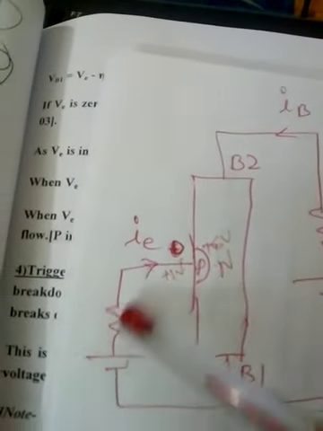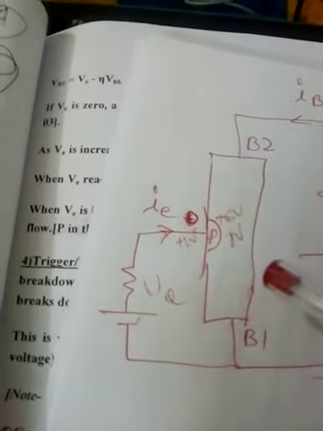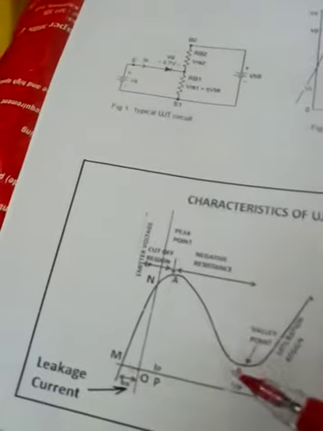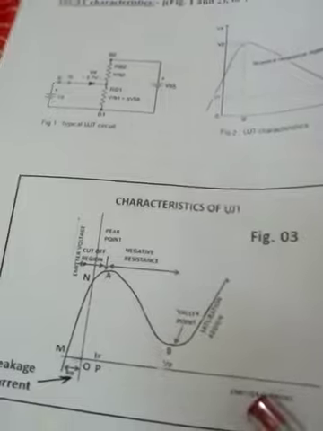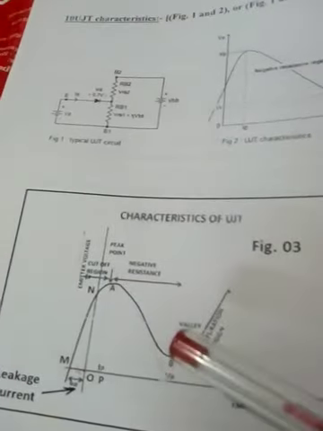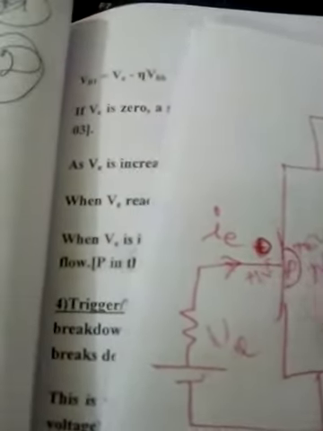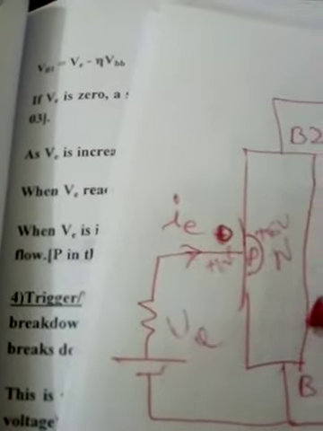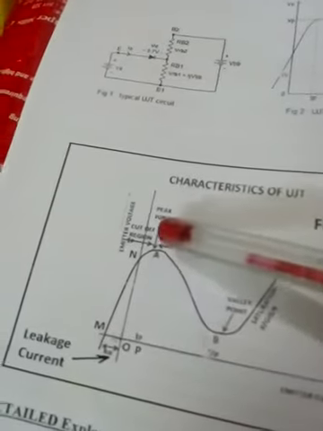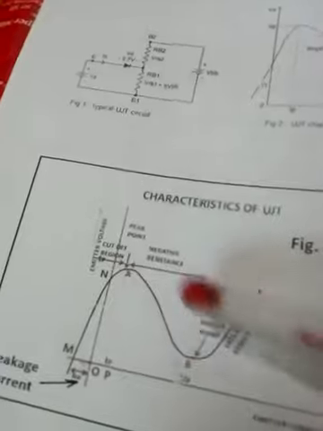Due to the resistance becoming lesser, current will increase and voltage will start decreasing. As the current increases, you can see here, the voltage decreases. It is because of the resistance becoming lesser due to the charge carriers entering into the base region. So current will keep on increasing and voltage will keep reducing due to the negative resistance.